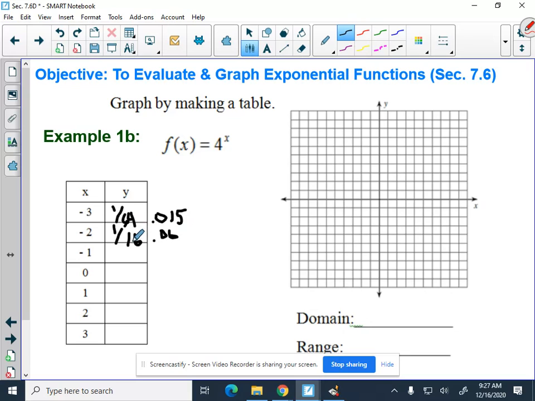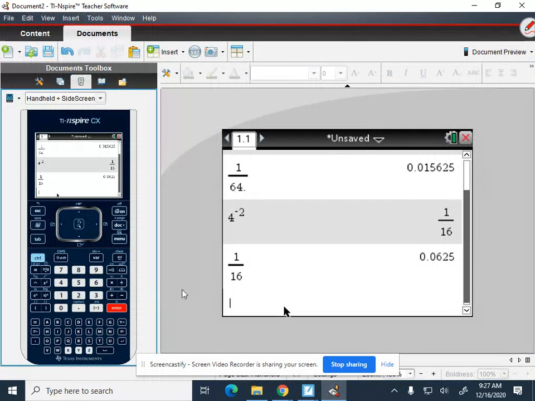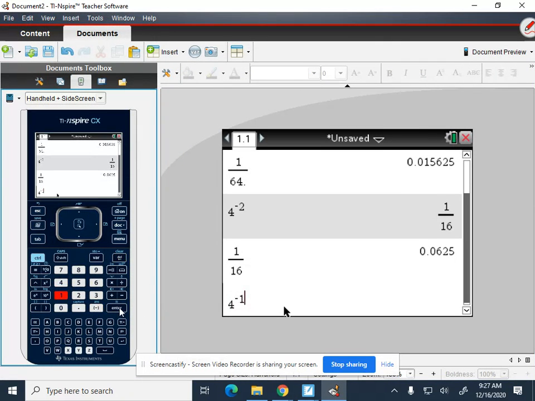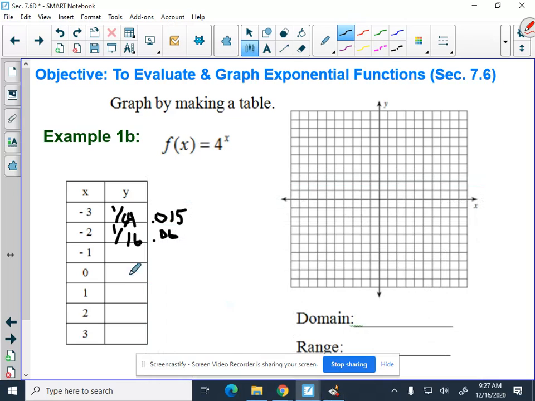But the bottom number was smaller than the last one, because when you divide by a bigger number, you get a smaller number. All right, the next one. 4 to the negative 1 gets us 1/4. Does anybody know 1/4 as a decimal? 0.25. Good.